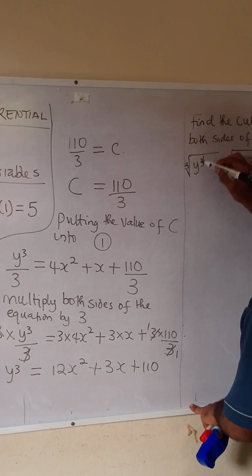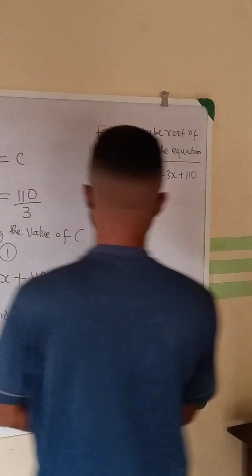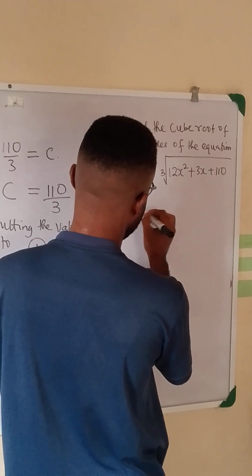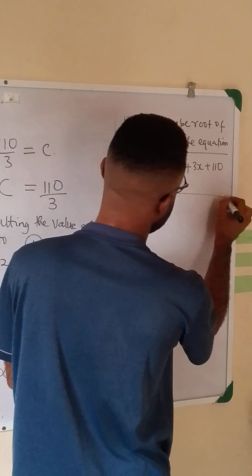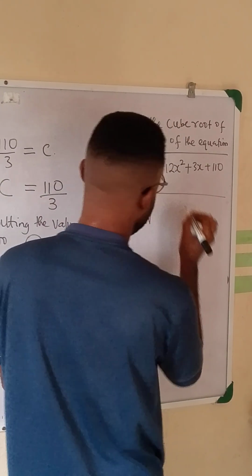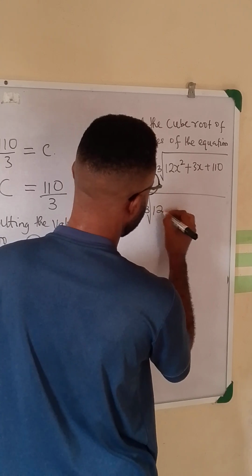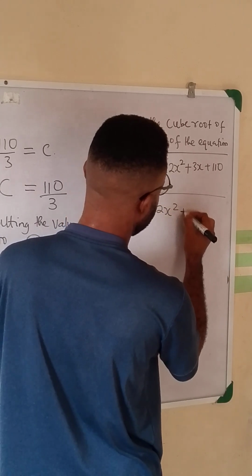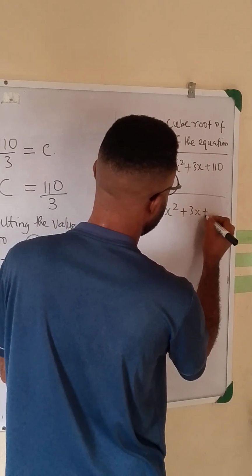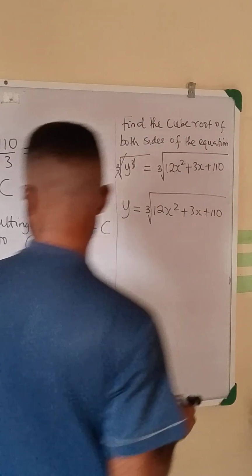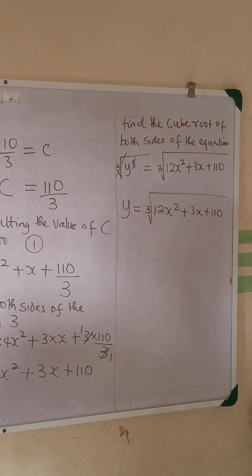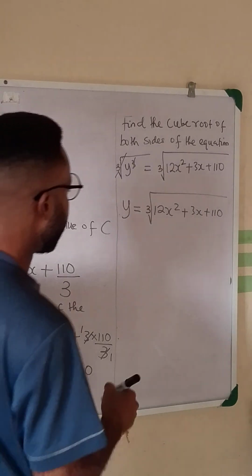Because this is a cube, it cancels out, and so our y will be equal to the cube root of 12x squared plus 3x plus 110. That is the value of our y.